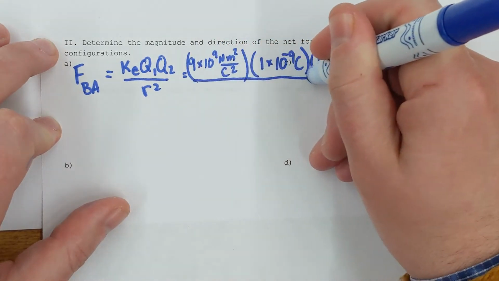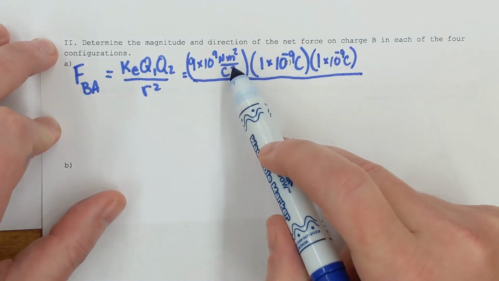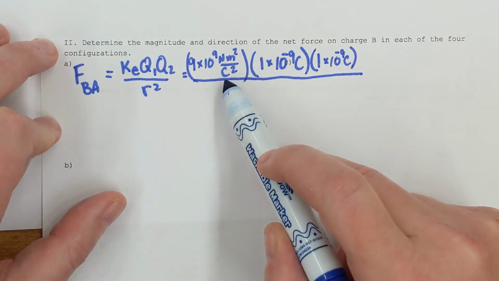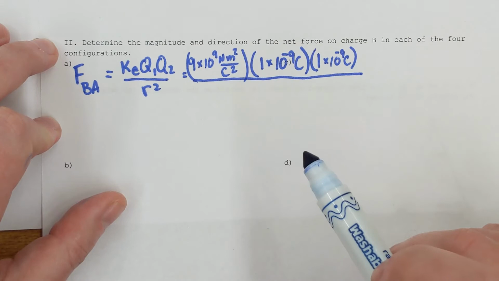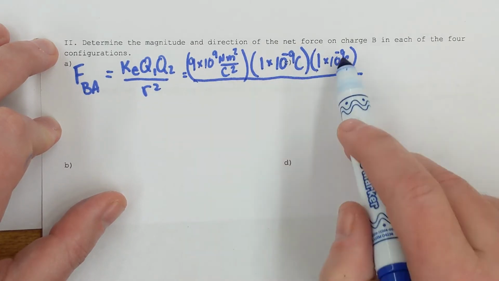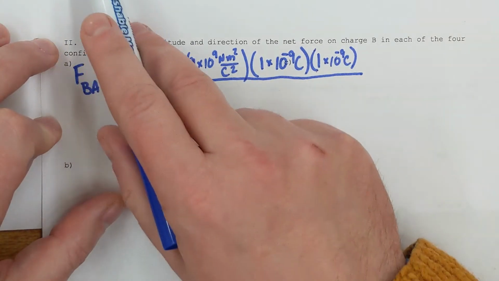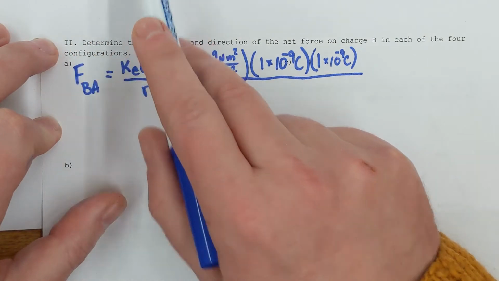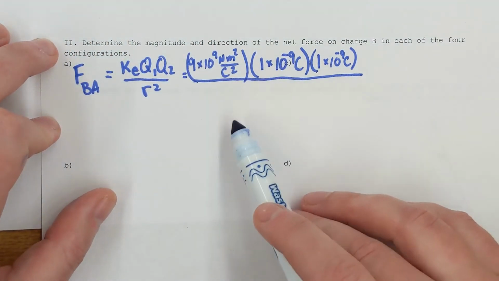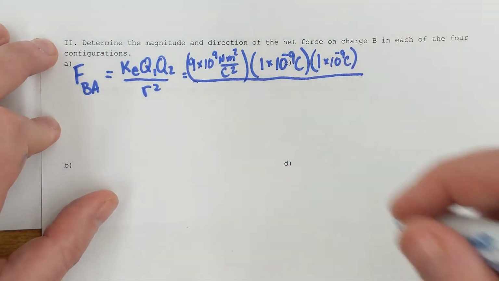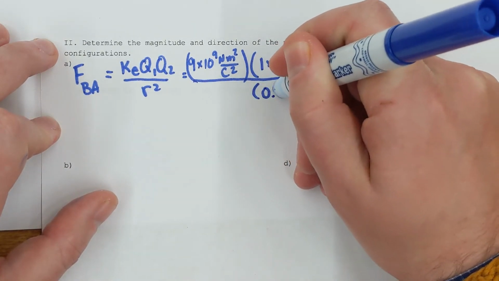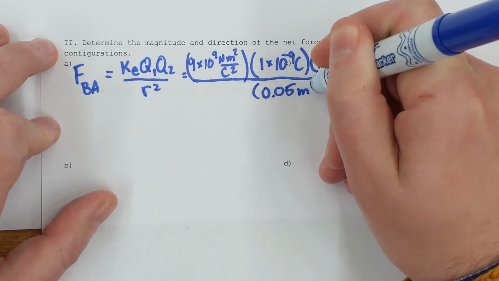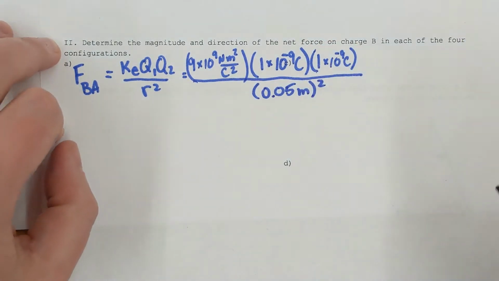I notice that my Coulomb constant here has meters and coulombs in it. That's why I couldn't use nanocoulombs here. I need to use an exponent and actual coulombs so that my units work out correctly. Similarly, my distance is given as 5 centimeters, but I need a distance in meters, so I know this distance will be 0.05 meters, and we're going to square that.